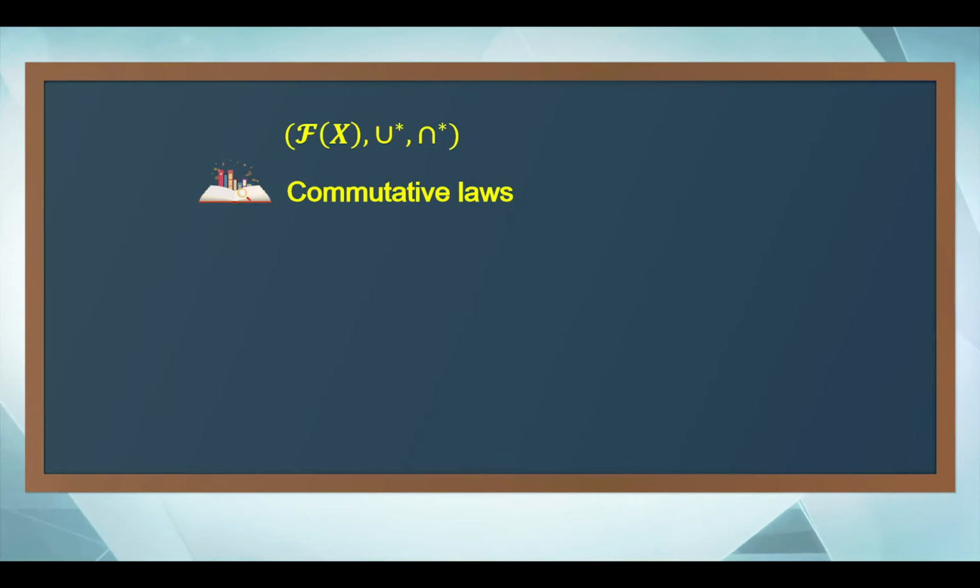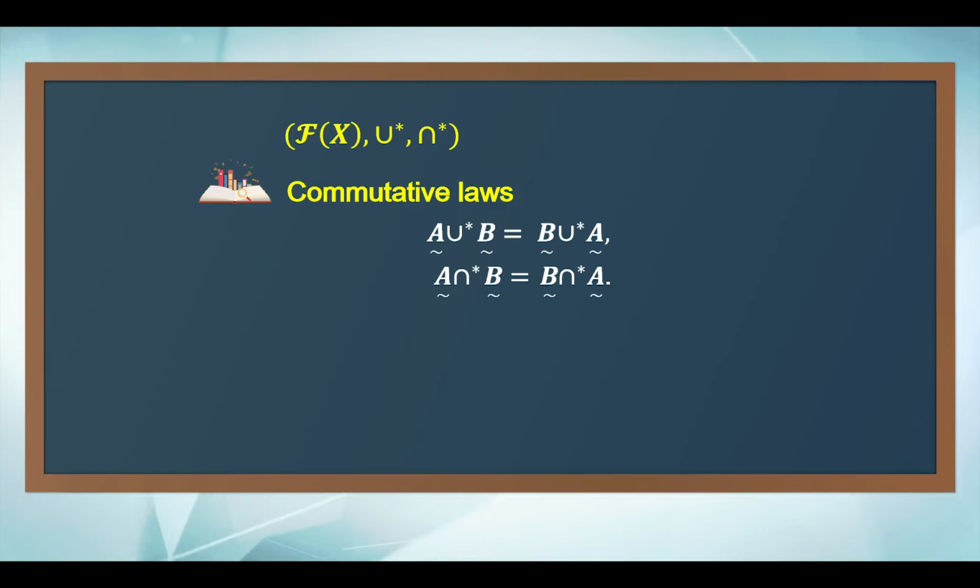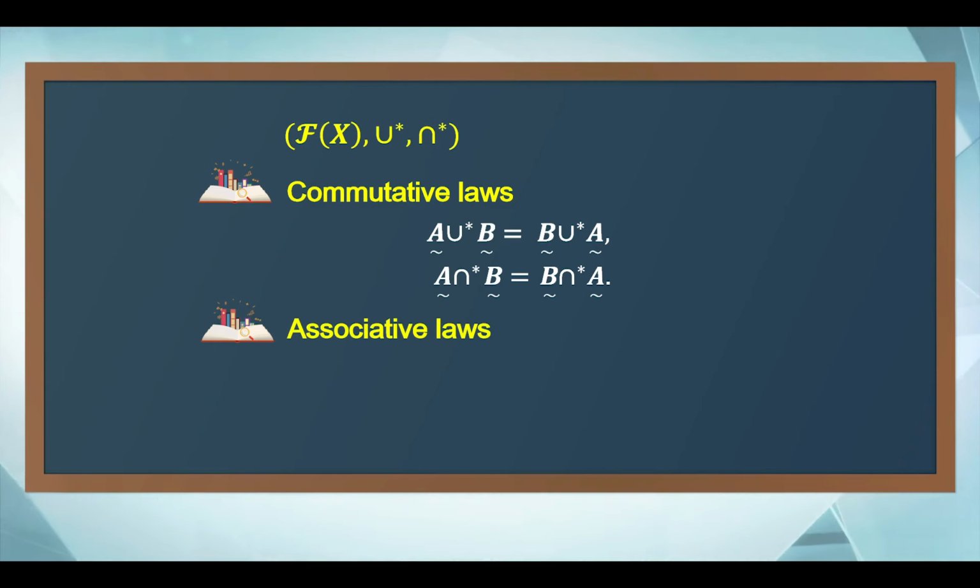Firstly, the commutative laws. The generalized union of A and B should be the same as the generalized union of B and A. The generalized intersection of A and B should be the same as the generalized intersection of B and A. Secondly, associative laws.